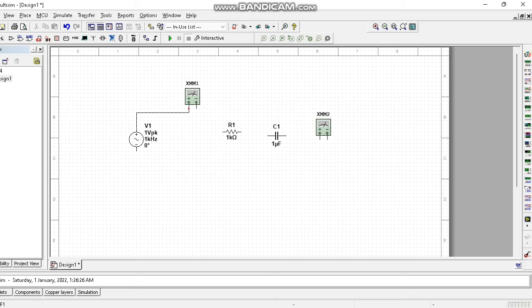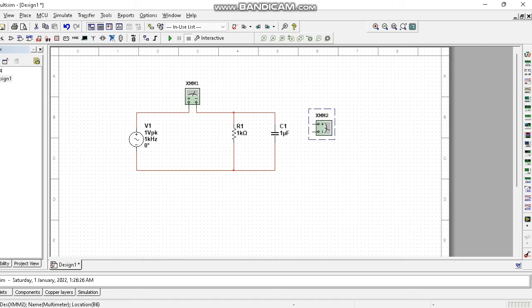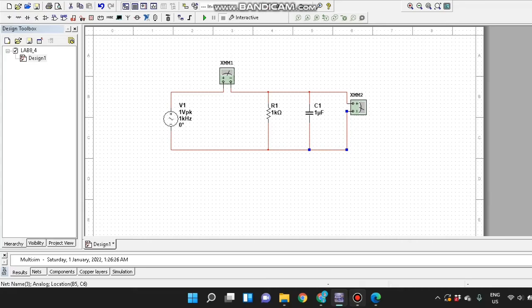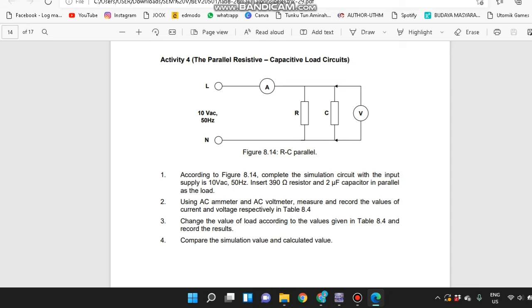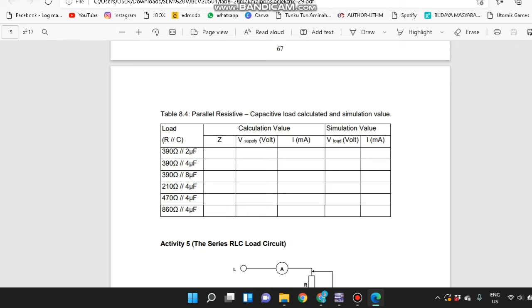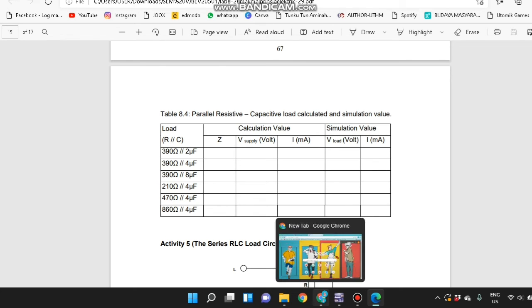And we connect it. Next, we set the parameters based on the values given on this table. For the AC voltage parameter, AC is 10 volt and 50 Hz. And R is 39 ohms, and C is 2 microfarad.